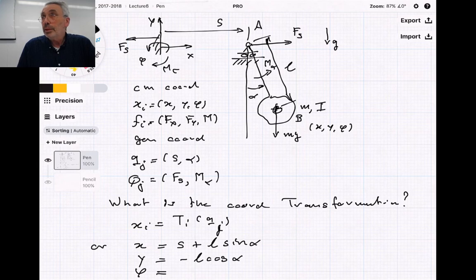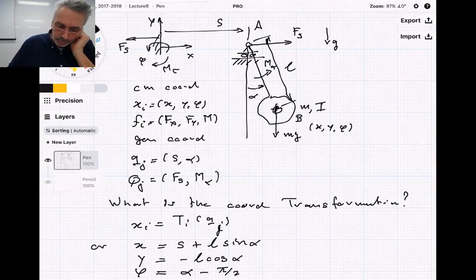I mean, you can have any offset which you want. Or you can say it's alpha minus pi over 2. Let's be correct. Is it pi over 2? Yeah, it's pi over 2. And then phi equal to 0 is the horizontal.